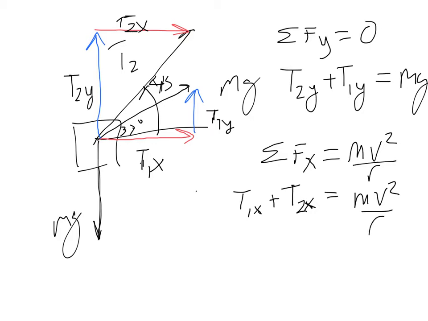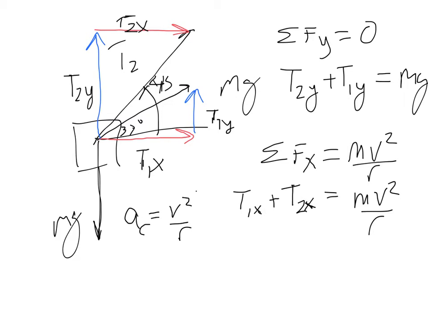Tiffany, what's the difference? A sub c is v squared over r. Right, A sub c is defined as v squared over r. Does that make sense?